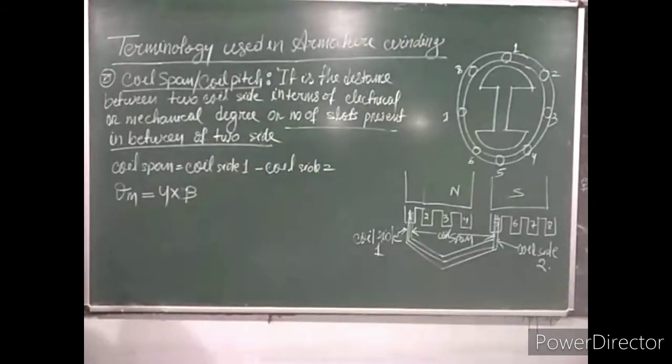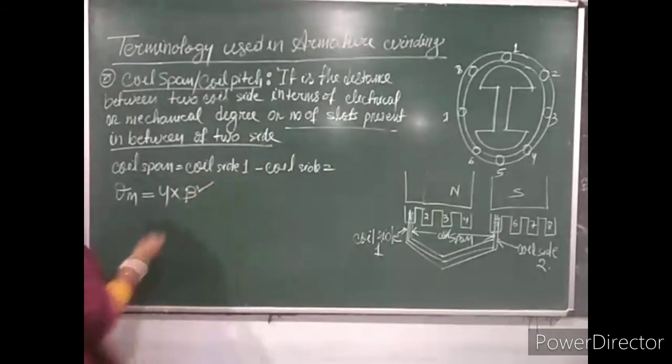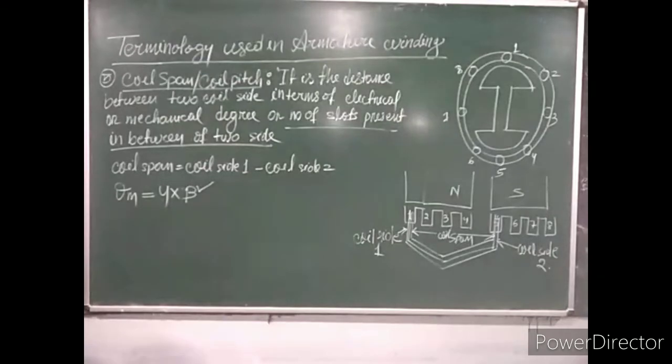The angle of each slot is beta and the difference of slots between coil side 1 and 2 is 4.